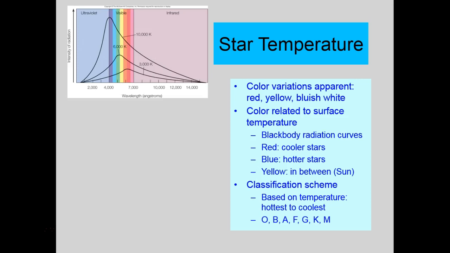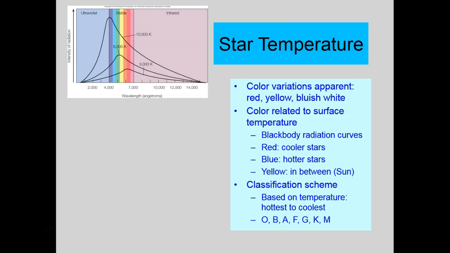This is what we mean, the black body radiation curve. If you were to look at the spectrum of light coming out of the stars, the highest energy are down here: violet, blue, green, yellow, orange, red.